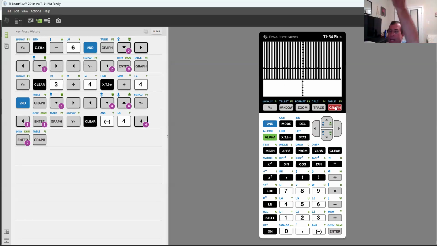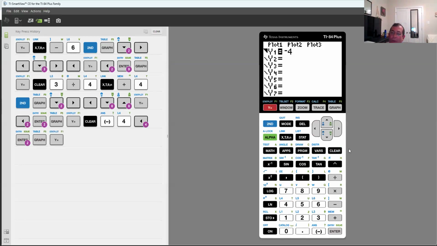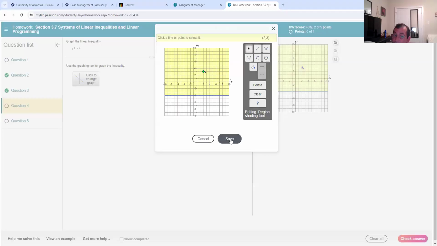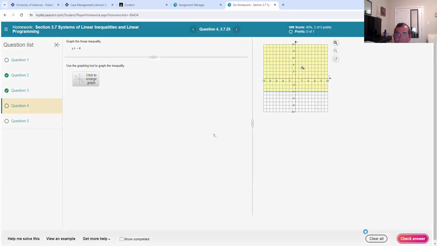And y'all look at that, it shaded above, just like on our problem we just did, okay? So it can do the y's, it just can't do the x's on the calculator. And y'all, there's our graph, so you save it and check your answer.